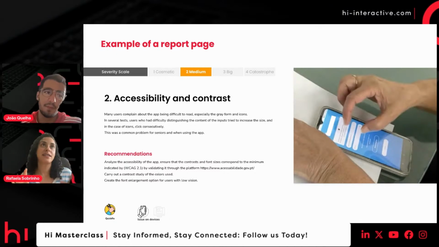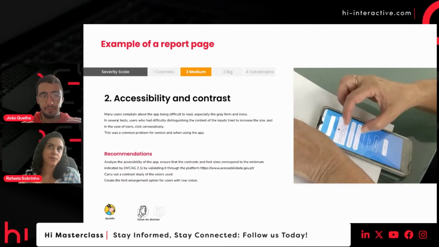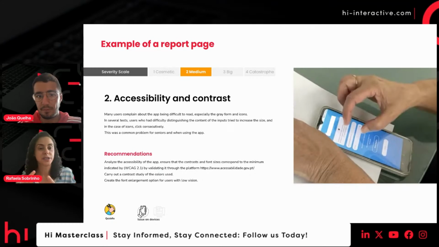Here we have an example of a page in your report. You need to write about what you think, what you observe, the insights that you had, and the recommendations to change. And usually we add a photo or image from the test to make sure that anyone who reads the report can understand what you are talking about.